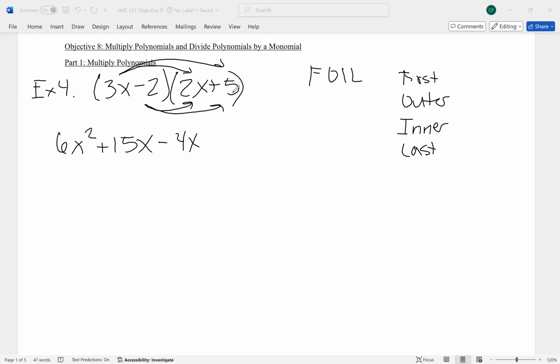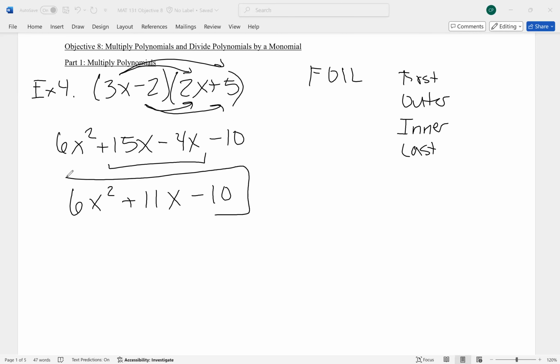And then negative 2 times 5 is going to be negative 10. All right. We need to look and see what we can combine, and go ahead and combine it. And then that will be our final answer.